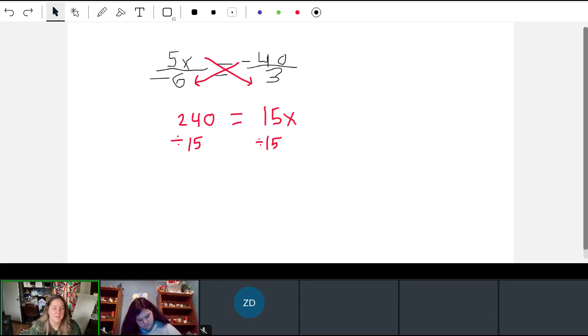And this side will cancel out, right? 15 divided by 15, that just cancels out. Okay. So really what you're needing to do is 240 divided by 15. 16. All right. So down here, you would write 16, copy down your equal sign, and bring down your x.